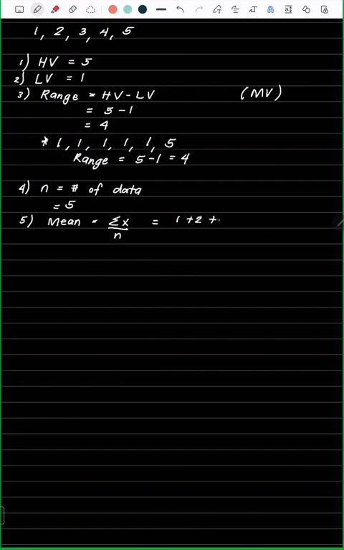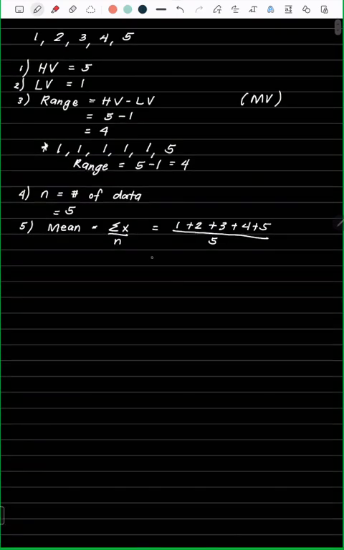So all we need to do is add 1 plus 2 plus 3 plus 4 plus 5, and divide it by n, which is equivalent to 5. The answer here would be 3, so our mean is equivalent to 3. This mean is part of the measures of central tendency.